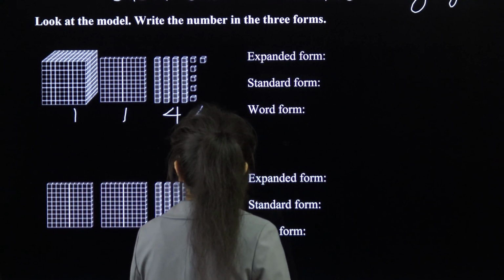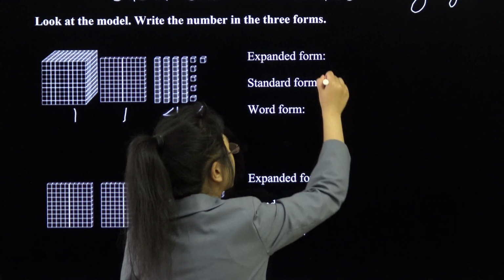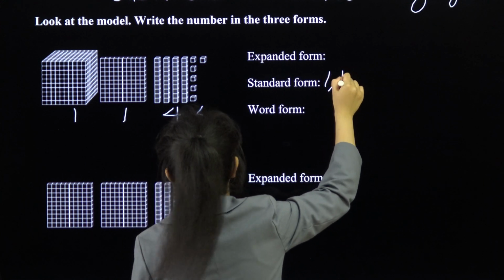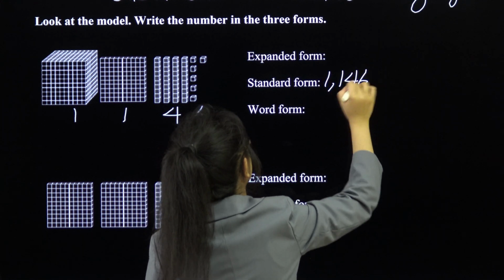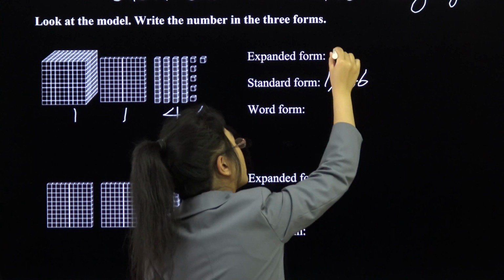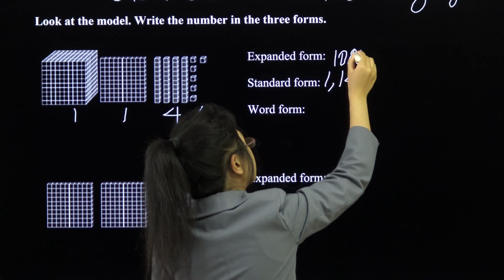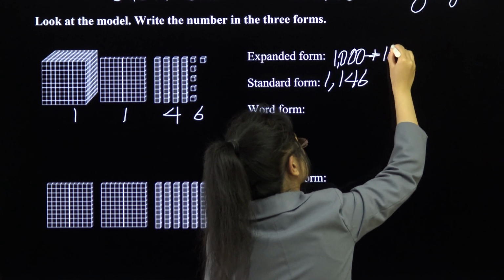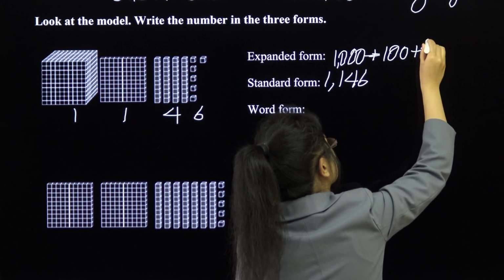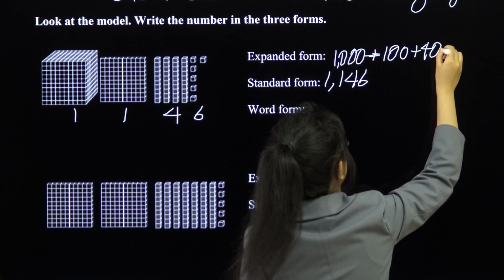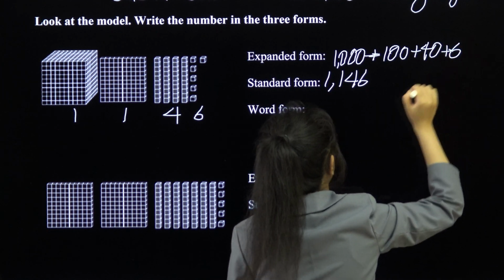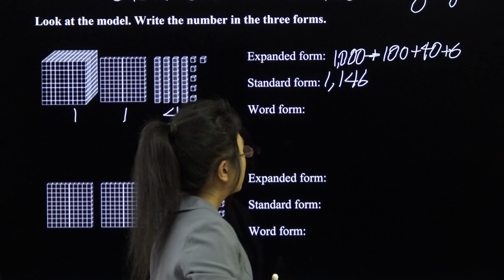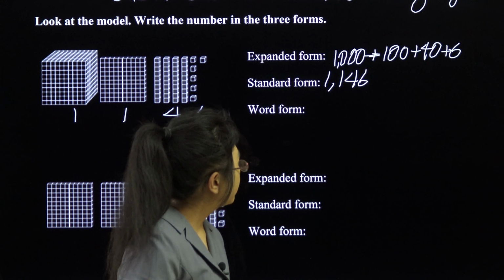First we're going to write down the standard form, which is 1,146. The expanded form would be 1,000 plus 100 plus 40 plus 6. What about the word form?